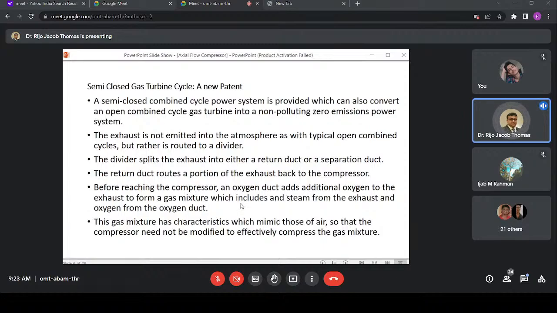And before reaching the compressor, oxygen is added, so that you have a gas mixture which is almost like air, but not exactly air, the outcome of the earlier combustion product. By doing it this way, the compressor need not be modified. You can use the same compressor. So this is another type of semi-closed gas turbine cycle I have seen.